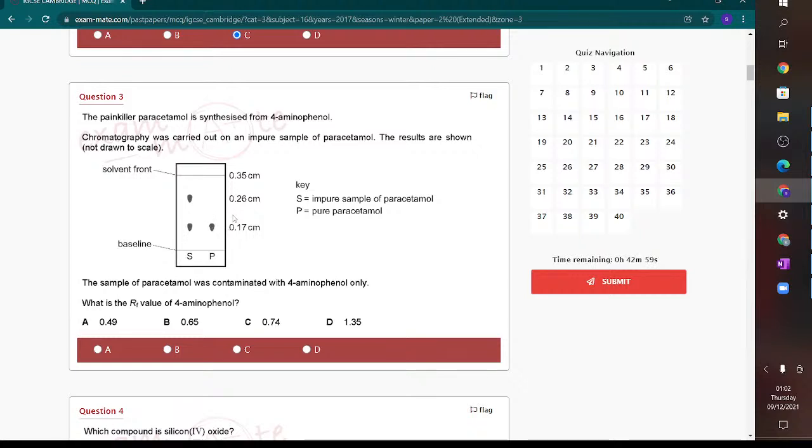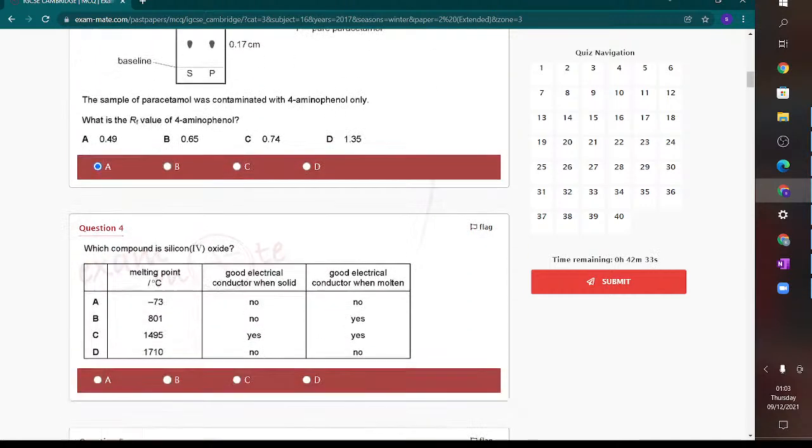These are the real paracetamol substances, or what do I say, stains on the chromatography paper. 0.17 upon 0.35, so 0.49 is the answer. We divided 0.17 upon 0.35 because it is the distance traveled by the substance upon the distance traveled by the solvent.